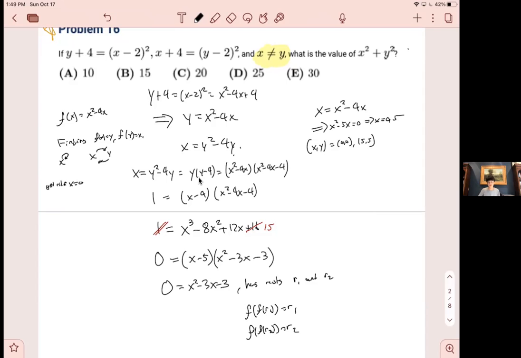So both of them under two applications send themselves back, and r1 and r2 are the only values which have this property, which means that r1 and r2 should be the values we want. So x equals r1, y equals r2. We're looking for r1 squared plus r2 squared, which we can just get with Vieta's, which will equal 15.